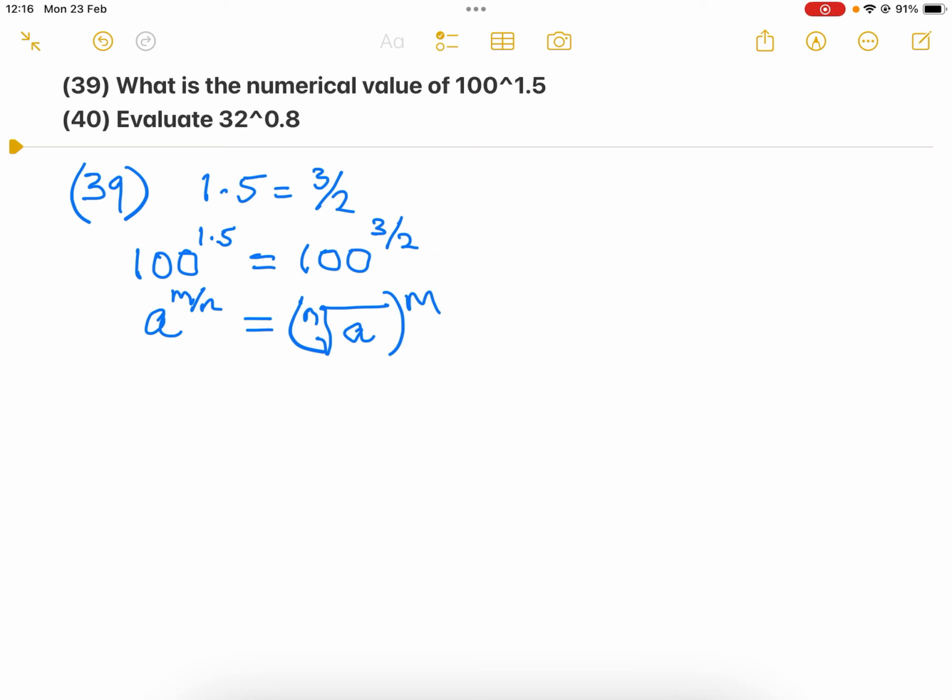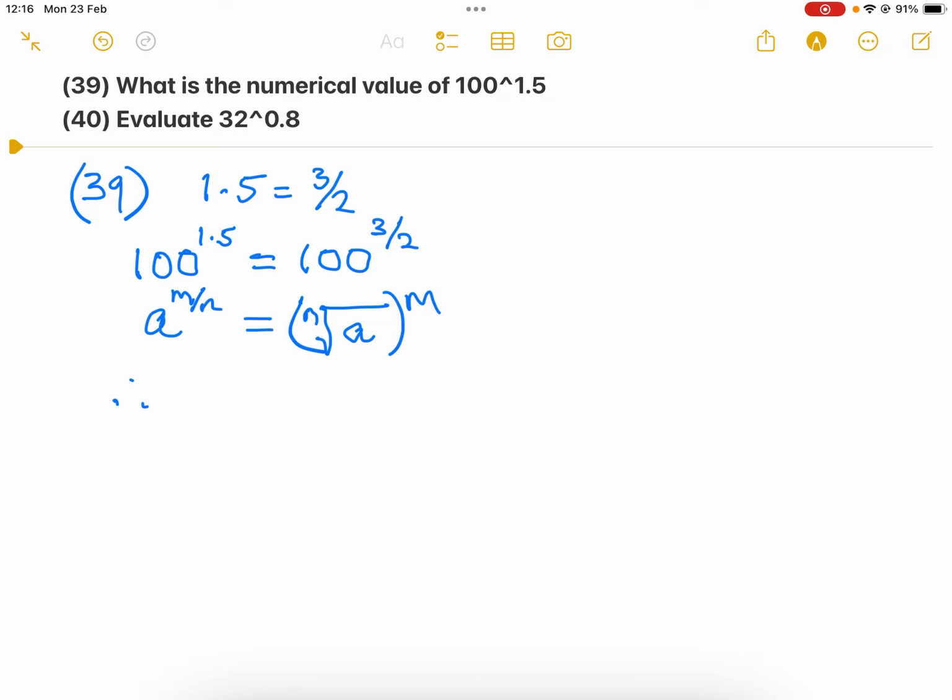All right, so in this particular question, the m is represented by 3 and the n is represented by 2 and the a is represented by 100.